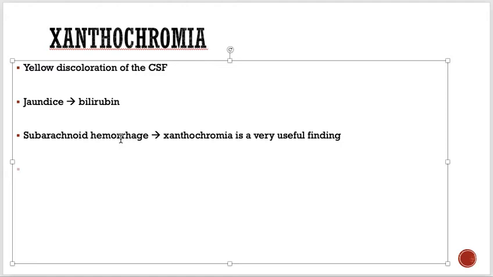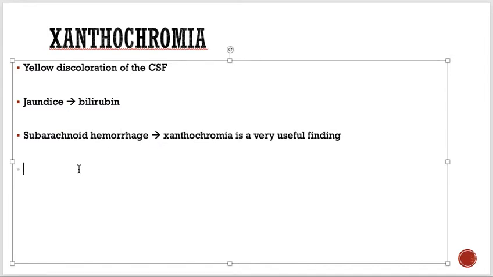And it's not that someone who has subarachnoid hemorrhage will have xanthochromia immediately. Rather, it takes some time to develop. Why? Because the RBCs have to be broken down, and then they release bilirubin.